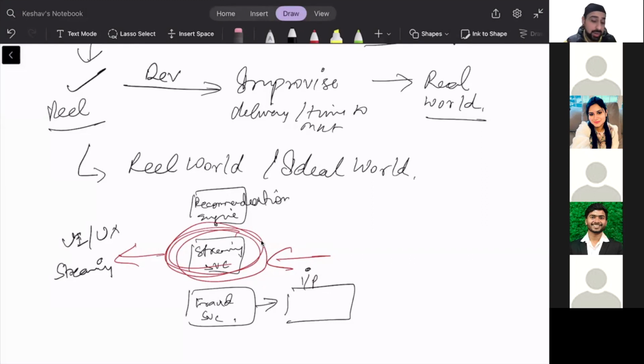Netflix realized that password sharing was happening and people were using that, and that's where they added this feature. But the first order of business was always to get the revenue. Unless you have revenue, what will you build this feature for?